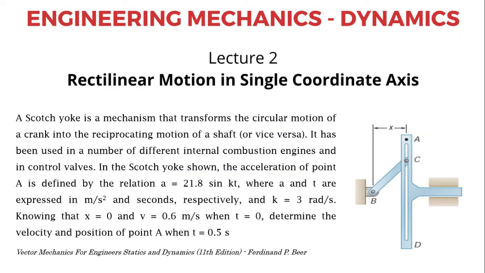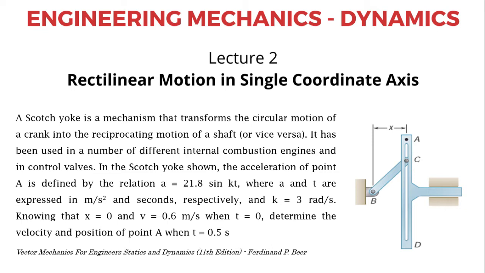A scotch yoke is a mechanism that transforms the circular motion of a crank into the reciprocating motion of a shaft, or vice versa. It has been used in a number of different internal combustion engines and in control valves.